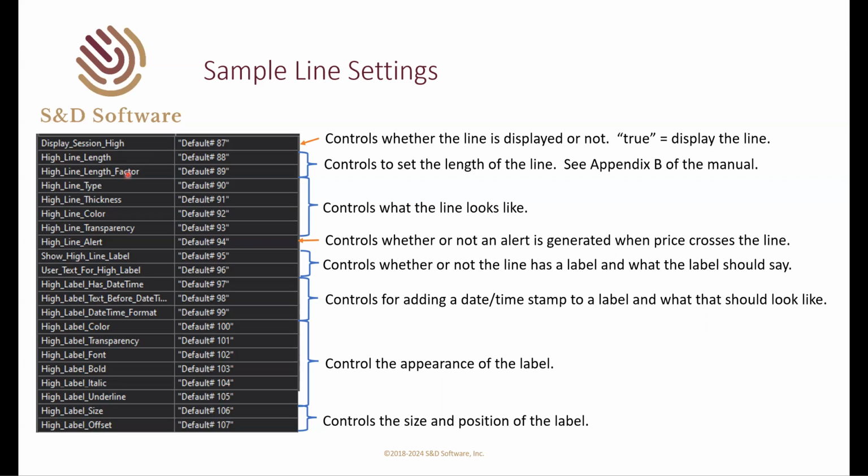That input would be the length factor. In this case, the high line length factor. After that, we have a block of settings to control what the line looks like. These, again, are the usual suspects. We've seen these in the prior lessons. They're all pretty much the same: the type of the line, the thickness, the color, the transparency.